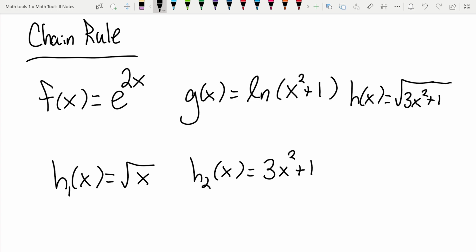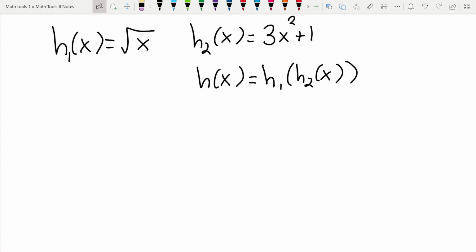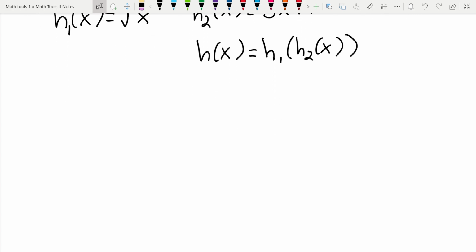Then h of x is h1 of h2 of x, right? So we can write this in terms of a function composition. And remember, function composition is not necessarily commutative. If we do it in different orders, we might get something different. So let's look at some more general functions first, and we'll come back to these three specific examples.